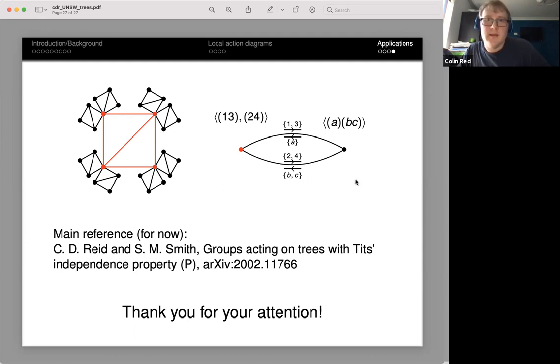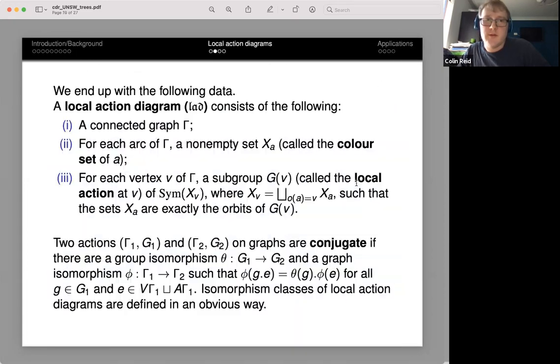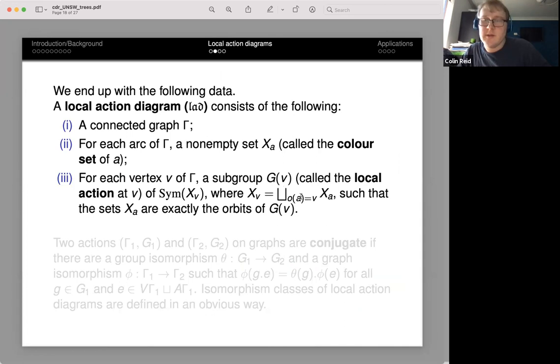And again, it's because those have a special geometry that you can exploit. I don't think the full local action diagram setup is known for buildings or CAT(0) complexes. I think the point here is that there's no compatibility conditions between the groups.